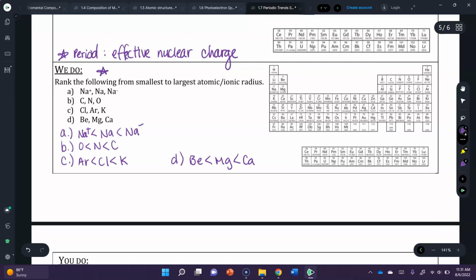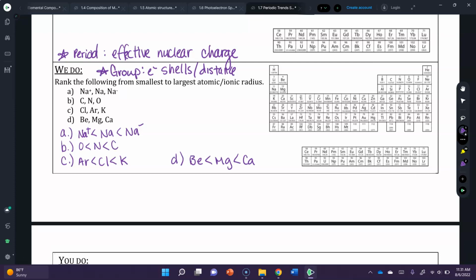And if they are in the same group, you're going to focus on the electron shells, which is your distance. And then relate that to Coulomb's law to justify the trend.